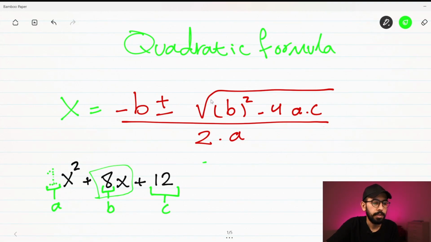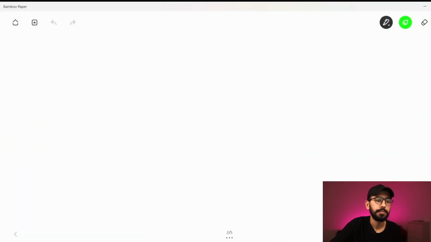Positive or negative, the root of b squared minus 4ac. a is the coefficient of the first variable, and c is the last number we have in the equation, and all of this is divided by 2 multiplied by a. Now let's take examples and some tips about this formula.